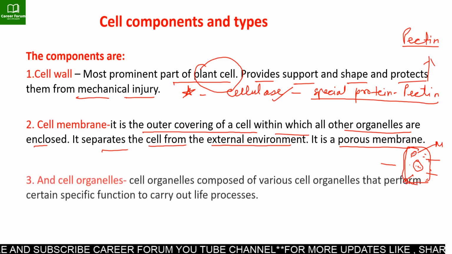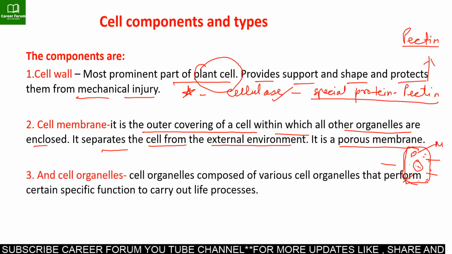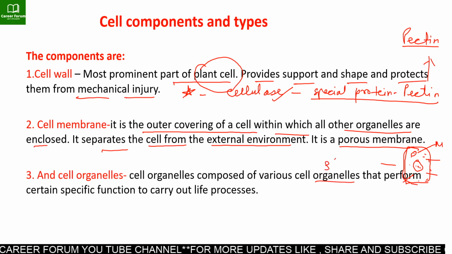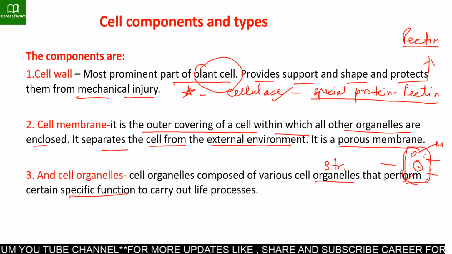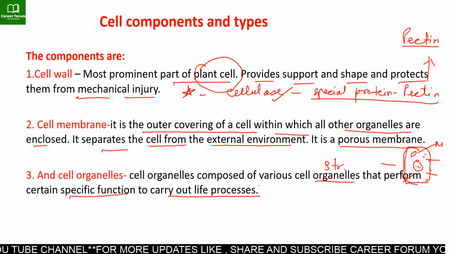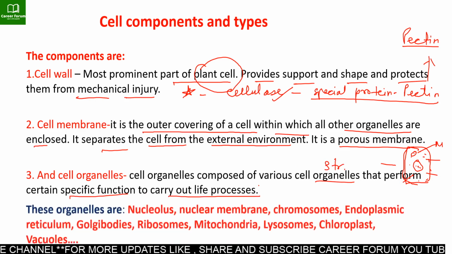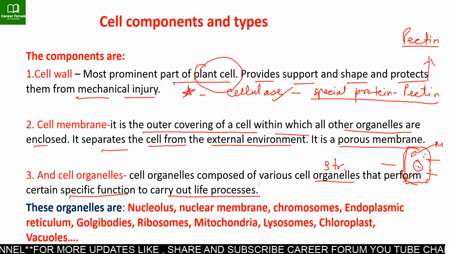The next is cell organelles. Cell organelles are composed of various cell structures that perform certain specific functions to carry out life processes. Usually the cell organelles are nucleolus, nuclear membrane, as I have discussed just here with this diagram.